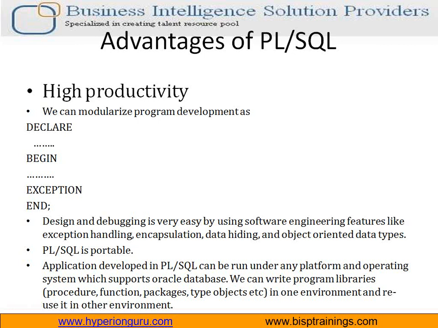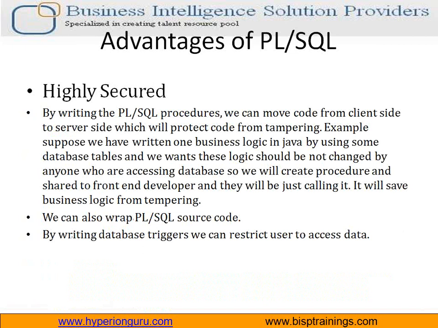Highly secured. Suppose there is a requirement that you have to increase the salary of one particular employee. The King will get $10,000 every month, and the current salary of the King is $5,000.